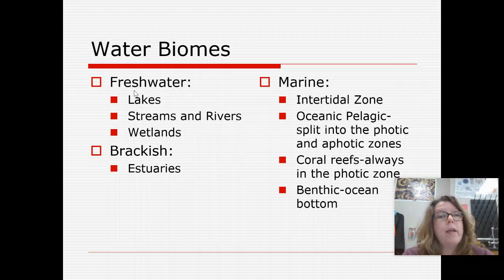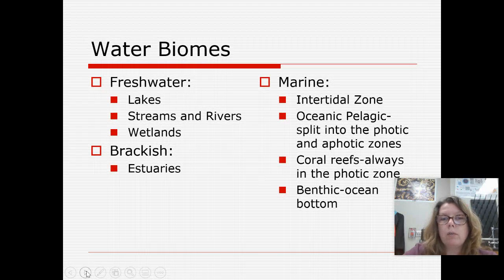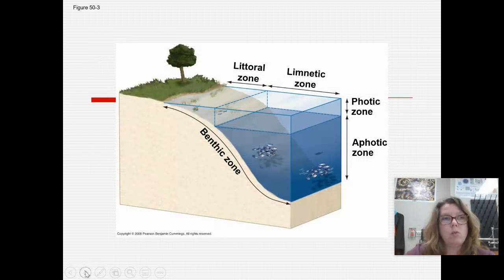Coral reefs are always in the photic zone, because a lot of corals rely on algae and things like that. And then the benthos is the ocean floor, and that has its own set of conditions as well. Okay, so here we go. The pelagic zone is the open ocean. It's the photic zone plus the aphotic zone, and those are really water column zones, right? And then the benthos is the bottom of the ocean.